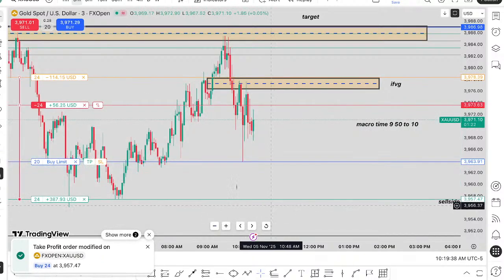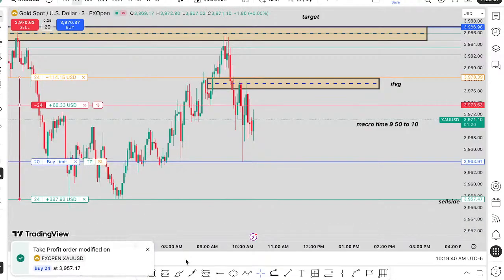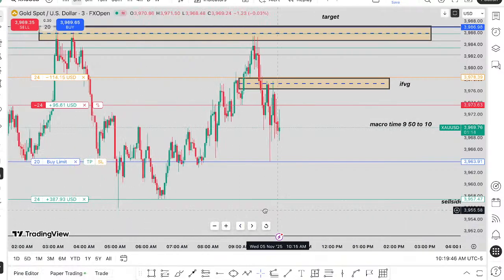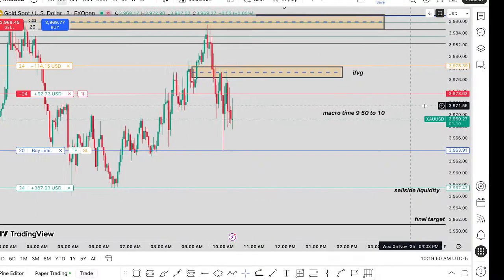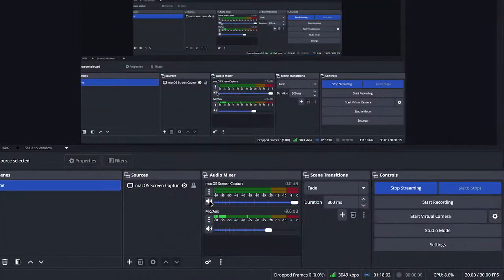Yes, now it's okay. Perfect, perfect, perfect. So 20 will be closed here on gold, and that 4 will be closed below.